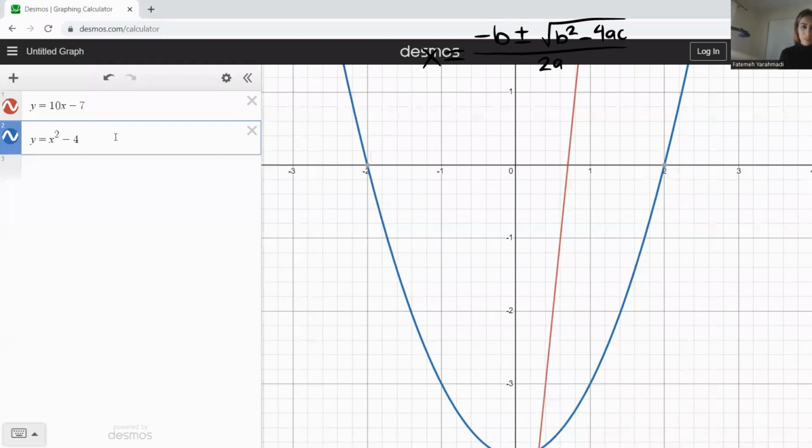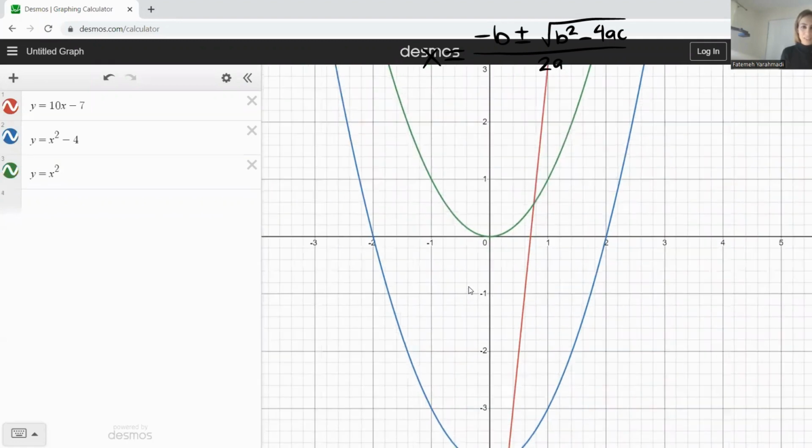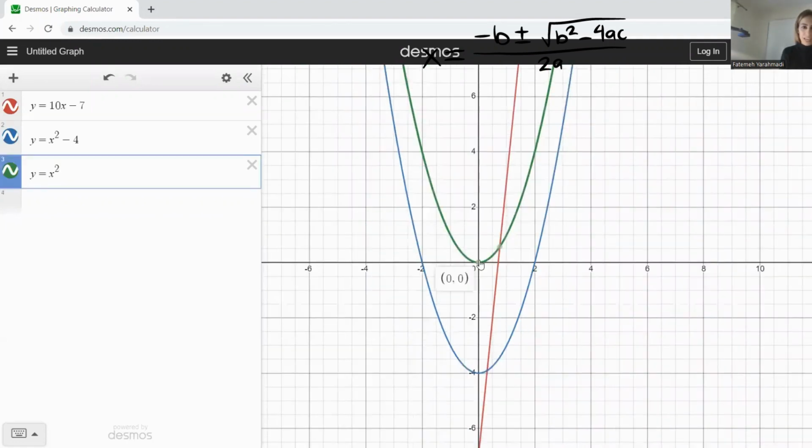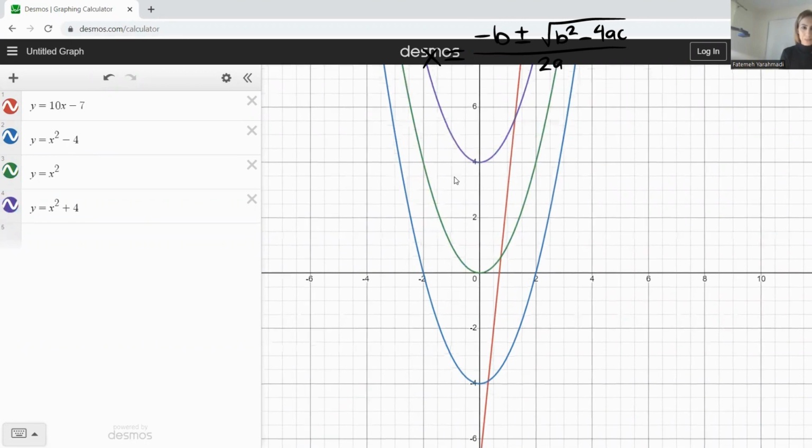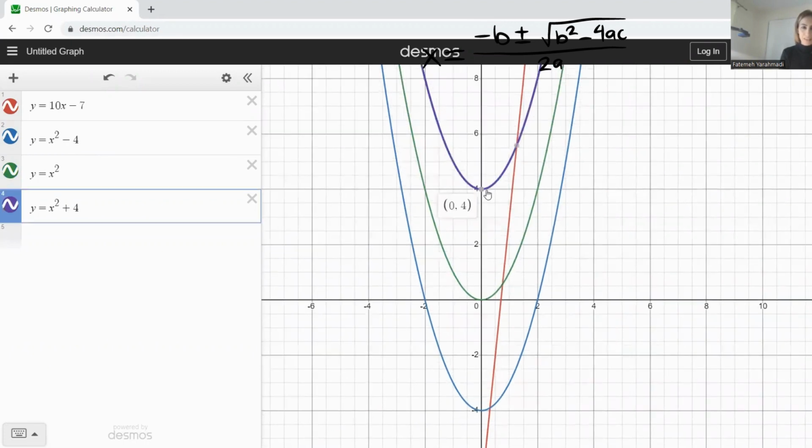Guys, some notes. If you have y equals x squared, this is your green graph here. You only have one intercept. Take a look at another example. If you have y equals x squared plus 4, this is the purple graph here. There is no x-intercept.